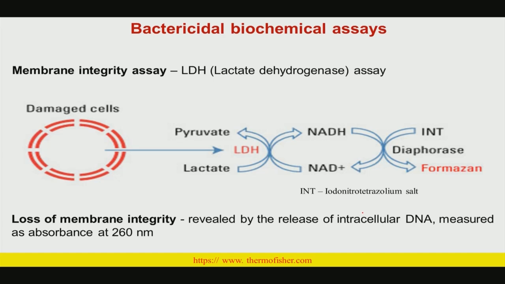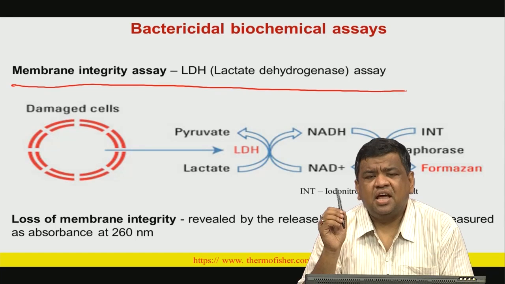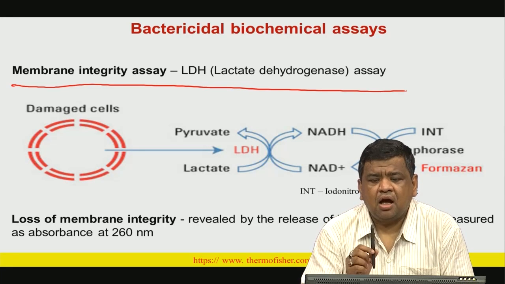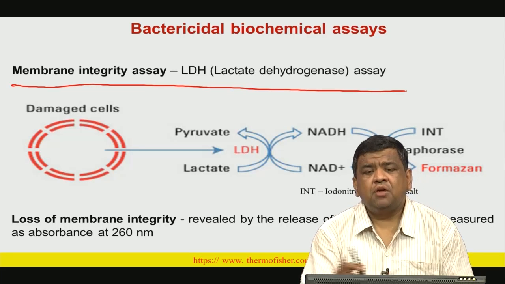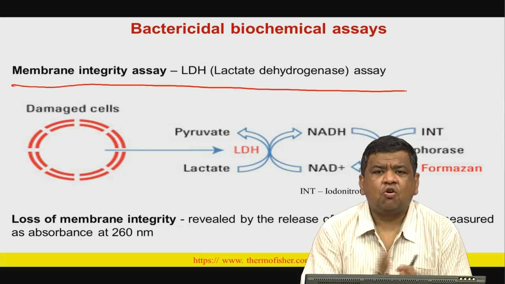So this comes to the next description of membrane integrity assays like the LDH assay, which I have described earlier in the context of cell viability and cell death. If you recall, I categorically mentioned that for cell viability or cell death quantification, you need to use these assays in a complementary manner.